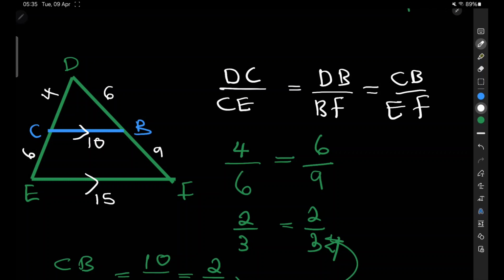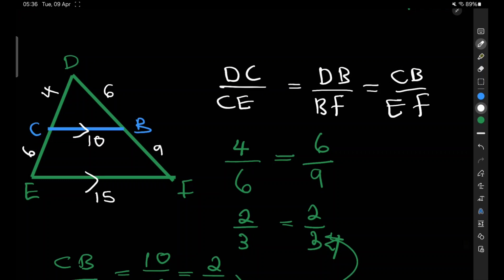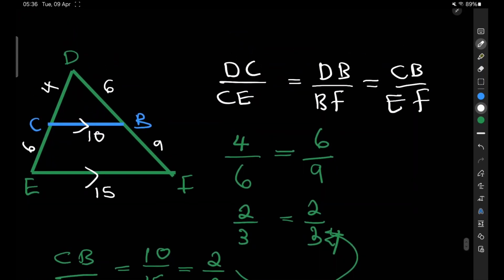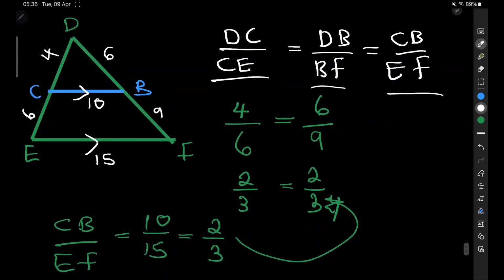So it's not just those two, DC over CE and DB over BF, that have the same ratio, the parallel lines will have the same ratio as the rest of the other sides. Okay, so that is theorem 1 of proportionality, basically.